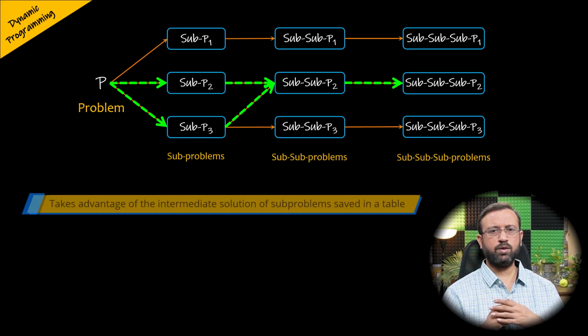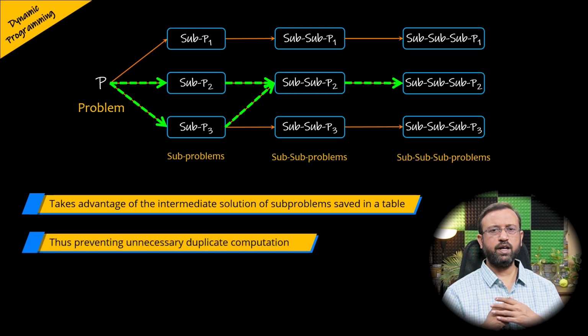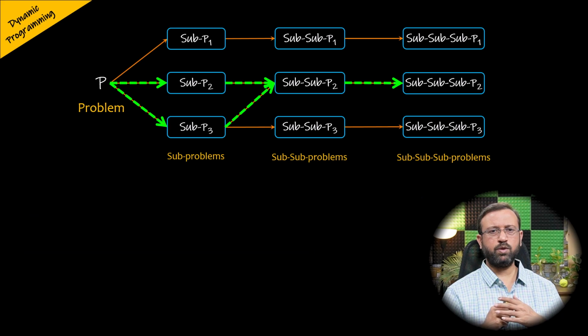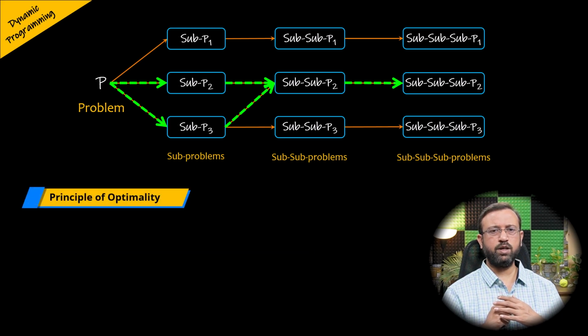The dynamic programming approach takes advantage of the intermediate solutions of subproblems that are saved in a table, which can be used later, thus preventing unnecessary duplicate computation and often drastically reducing the amount of computation by discarding some decision sequences that cannot be optimal.